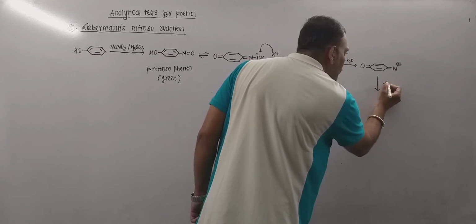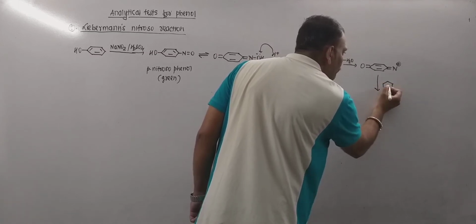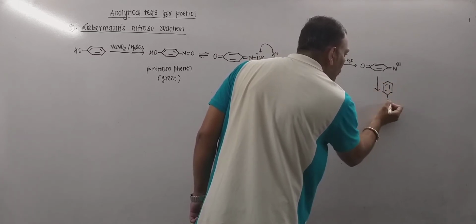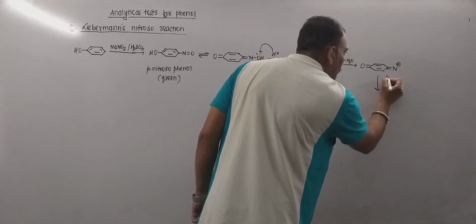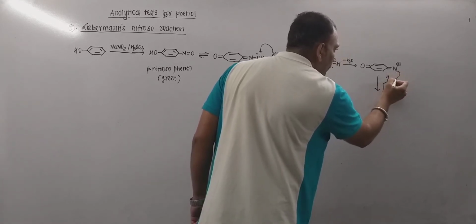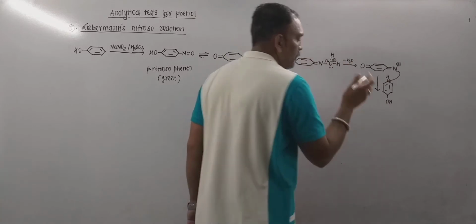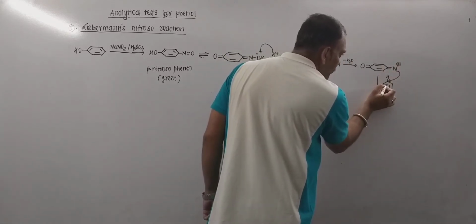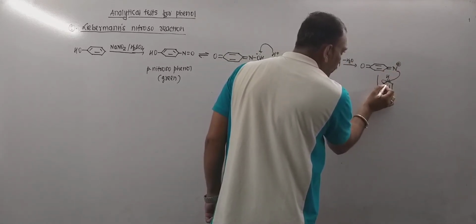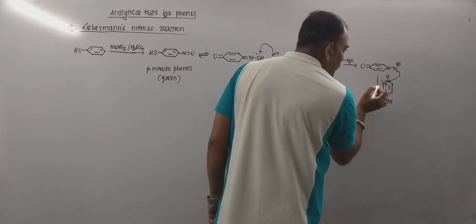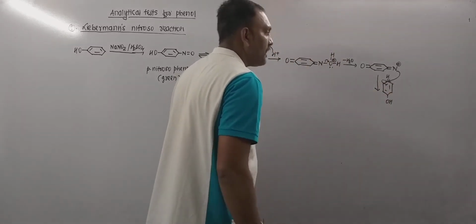So what happens? Phenol at the para position basically gets attacked by this electrophile. This is electrophilic substitution, and this pair is utilized for that, due to which this carbon bears positive charge.